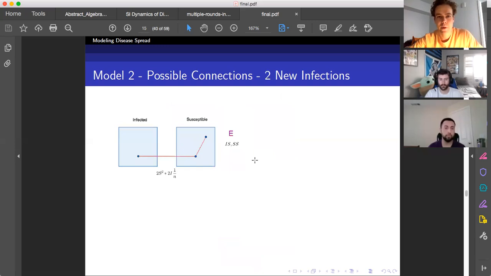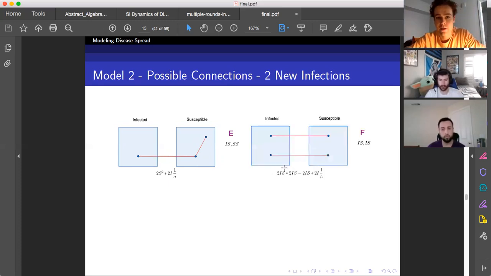So then these are the possible connections where there's going to be two new infections. And so here we have 2, so S squared. So there's the susceptible connecting to a susceptible, and then 2I, and then 1 over n being that it links up with the shared node, similar to the last couple of slides. And then this one is ISIS.